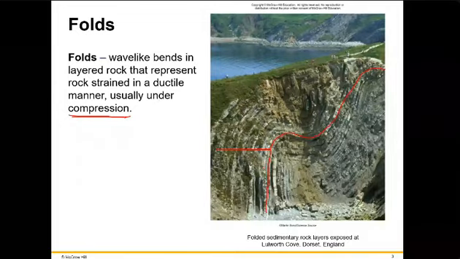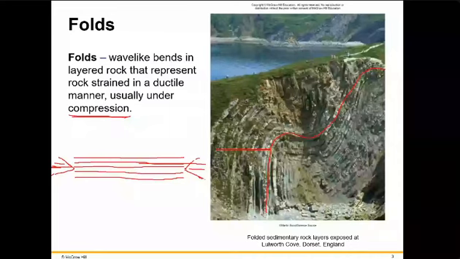And then when you apply compressional stress to these layered rocks, what you then get is this kind of folds. These rocks will now form this train of folded layered rocks.